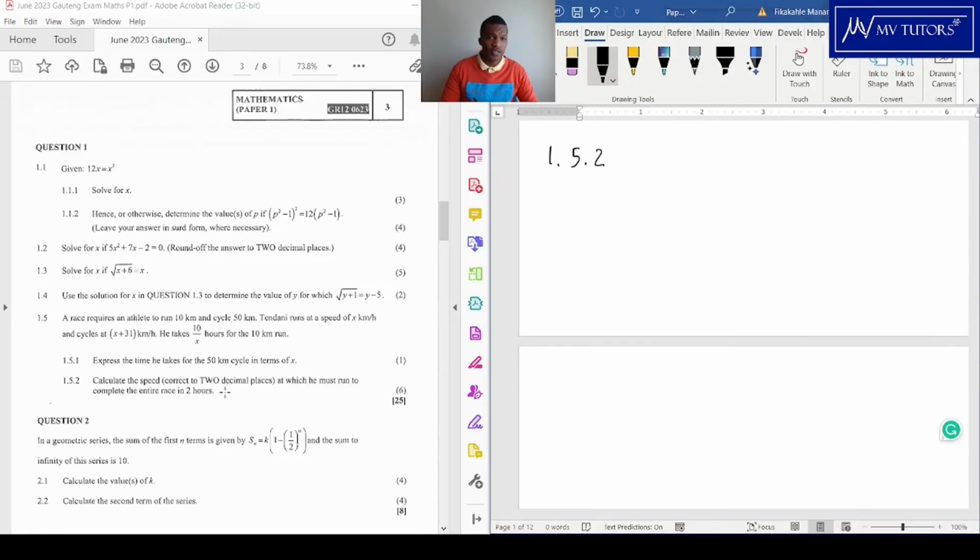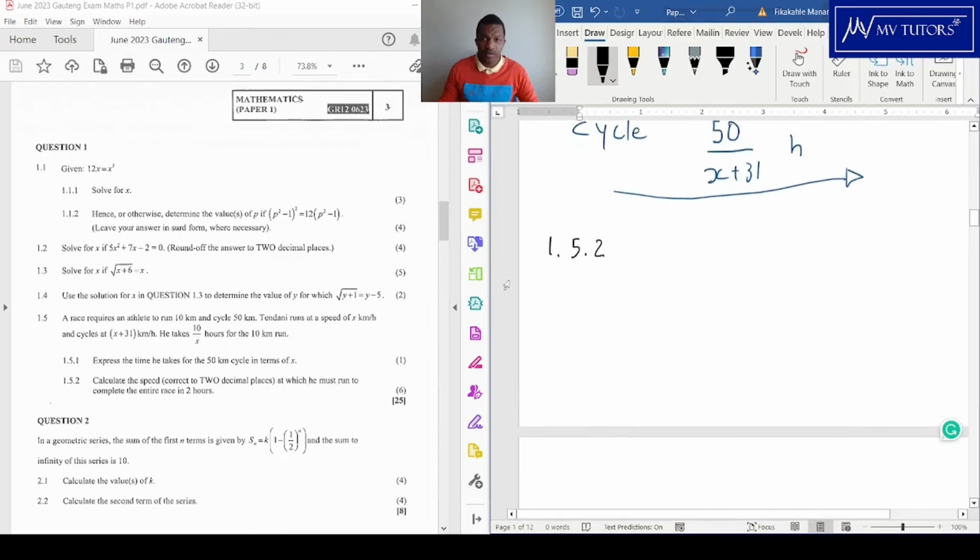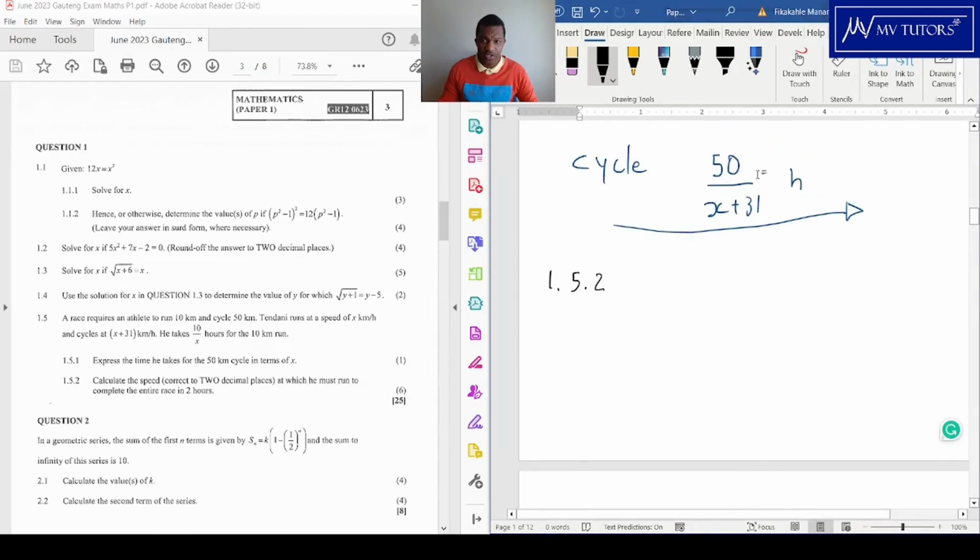So let's combine it. Now I want you to remember something. Why did they ask us this question in hours? It's because we are going to need it in this next question. So let's combine all the number of hours. The cycle part, in terms of hours, is 50 over x plus 3.